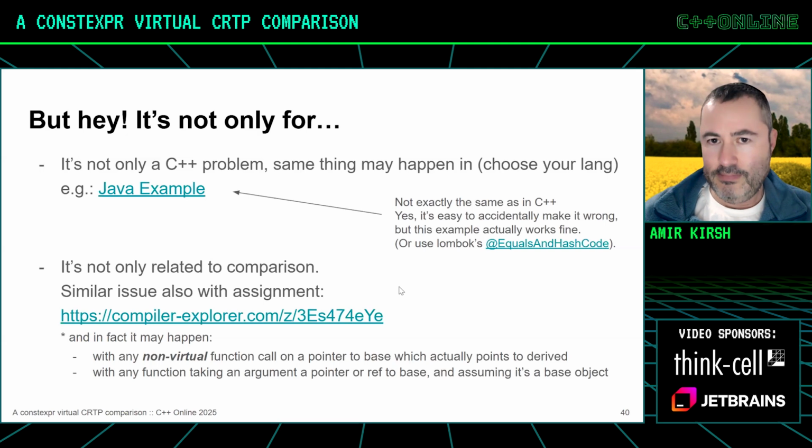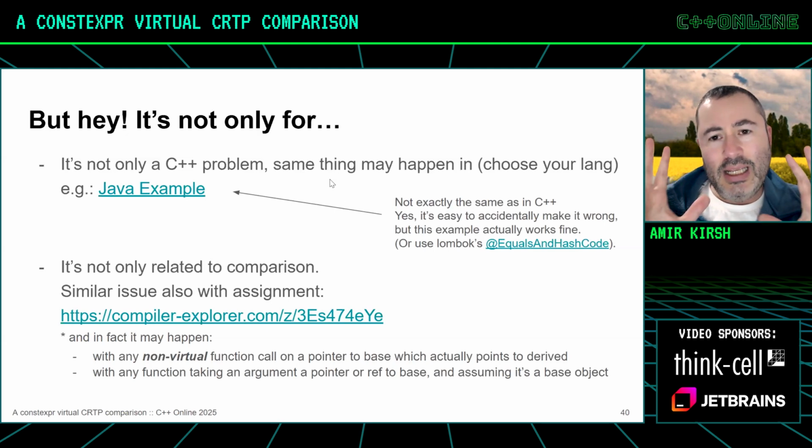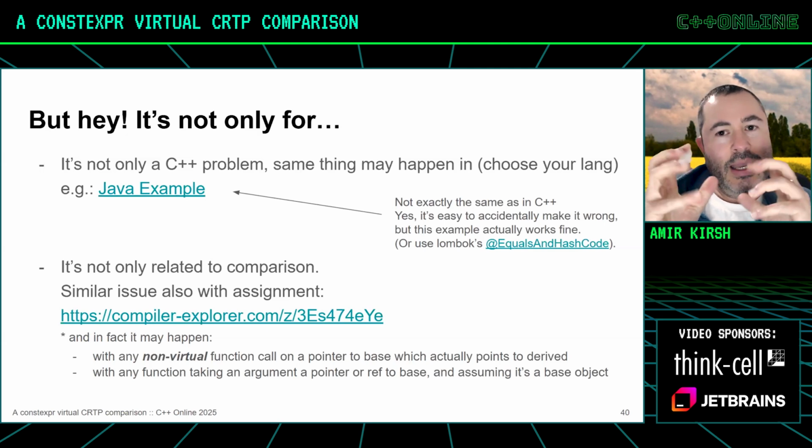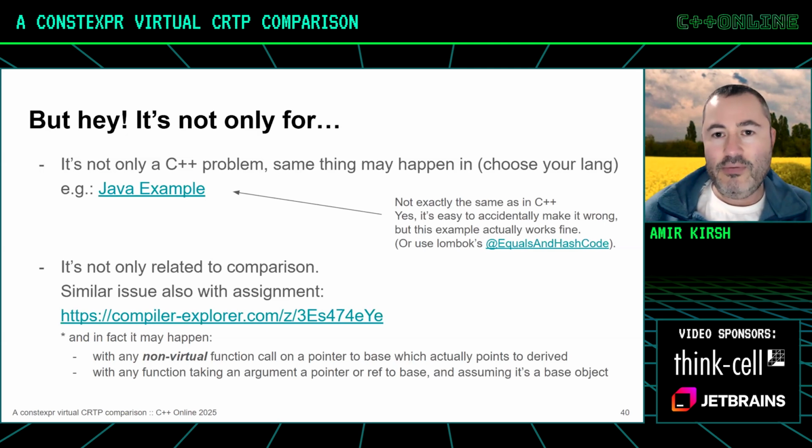A side note, the problem is not only for comparison. The problem is also present in other languages. It's not only C++. I mean, there is an issue when you want to do things with two types and it's complicated for some reasons. For example, maybe I will present the Java code.